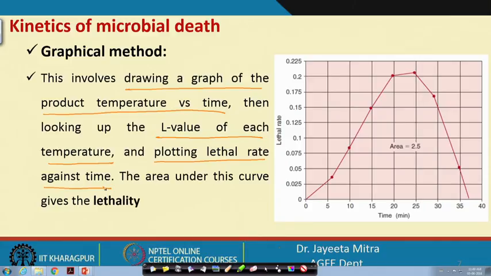Then we can produce this kind of a plot where we have plotted the lethal rate on the y axis and the time in minutes on the x axis. And then by calculating the area under this curve, we can find the total process time or F0 value.